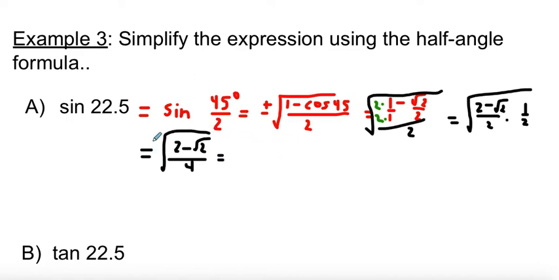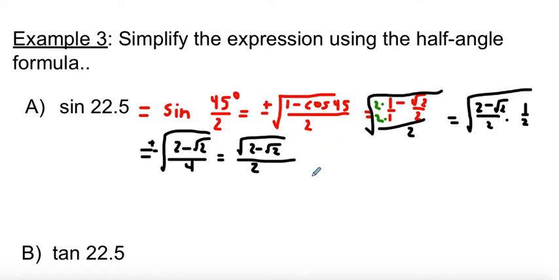So I keep forgetting my plus or minus here on the outside. Then I could take the square root of the denominator down there, so the square root of 4 down there would be 2. And this would be the square root of 2 minus the square root of 2.